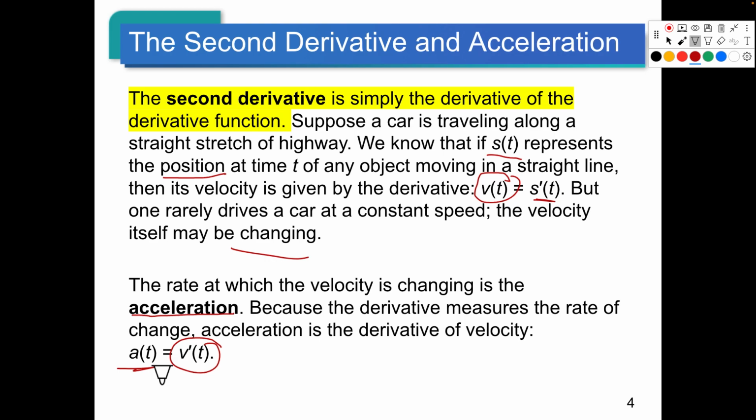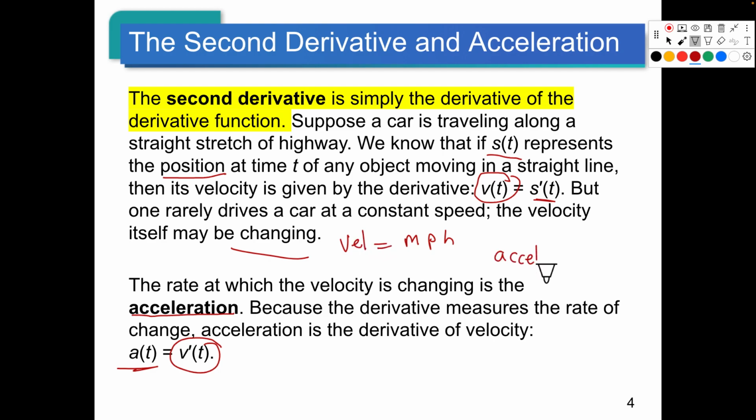Okay, and it's got weird units that I don't really understand, but you'll see. What are the units on velocity? If we're talking a car, it's miles per hour. So this is velocity.